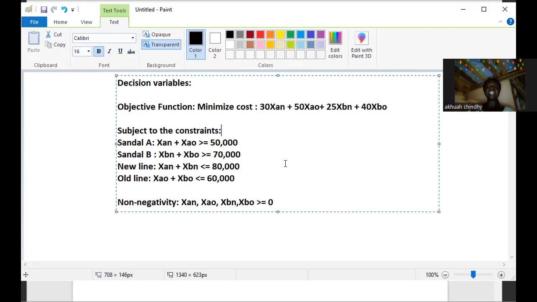So this is where I'll end this session on linear program, the formulation. So you can copy this down, because when I'm working on the computation, I would use the computer or Excel to do that later on.